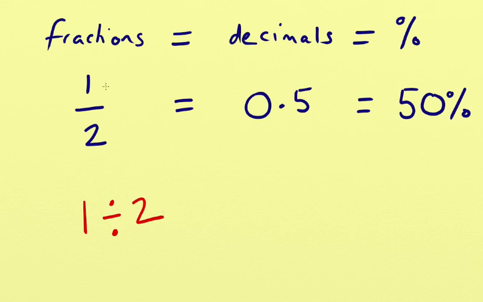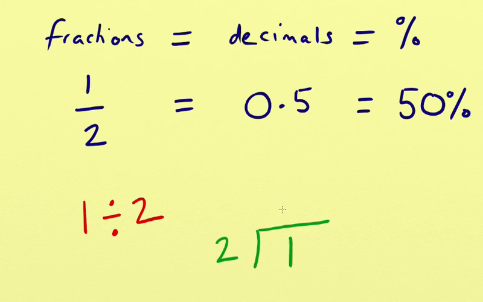Okay, so a fraction by definition is a division that's not been done yet. It's an incomplete division. So if we actually complete this division, 1 divided by 2, if we use the bus stop method to work that out, which you'll be able to see in one of the earlier videos on division, what we're actually asking ourselves here is how many 2's go into 1.